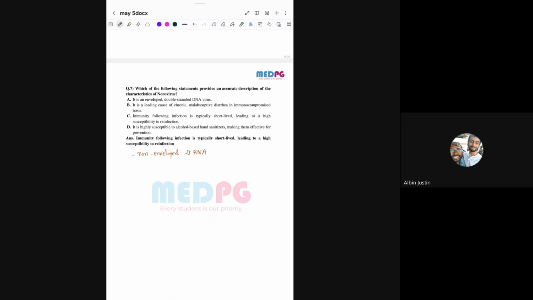It is a leading cause of acute gastroenteritis outbreaks, in places like cruise ships, hostels, hospitals, etc. It has a short-lived immunity, so it can cause recurrent infections. Okay.